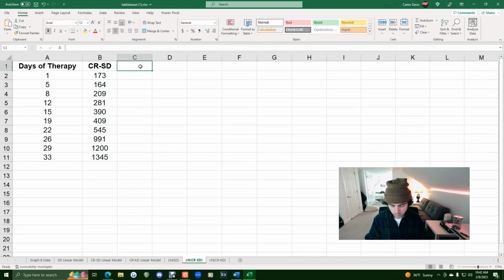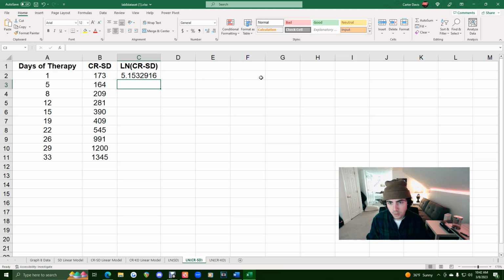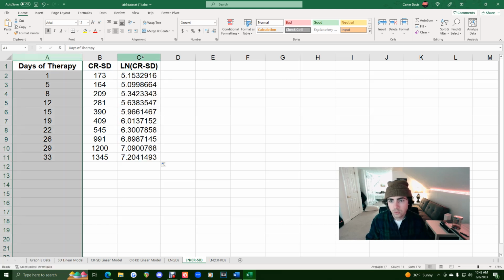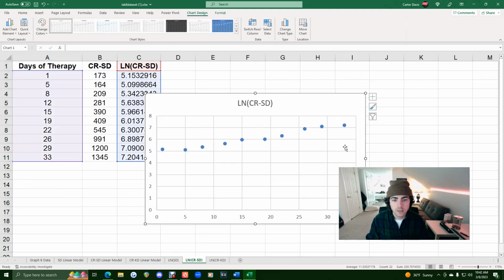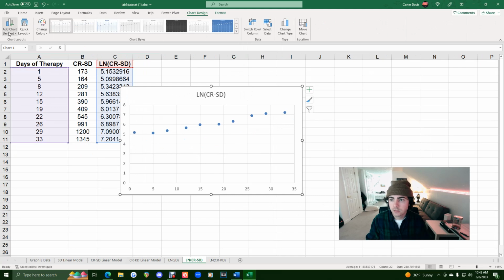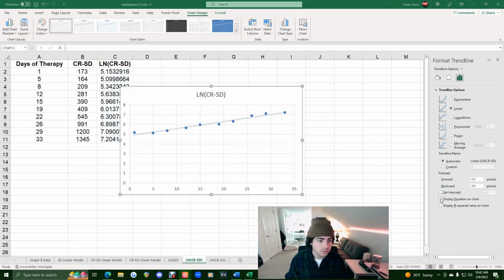All right, I'm doing the same thing. ln of CRSD. Do ln of this, drag that down. Click on A, hold control, click on C. Insert that. We have a much better looking linear appearance.